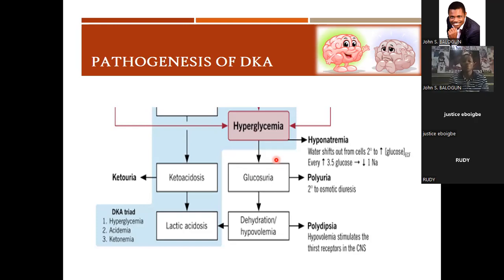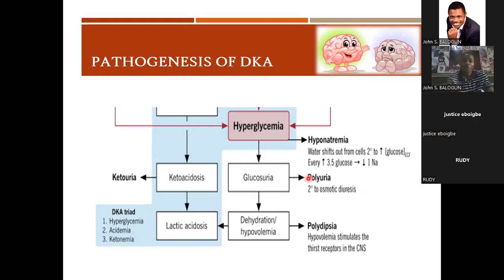And remember, glucose is an osmotically active agent. Because of that, glucose draws water with itself, such that as glucose is being lost in urine, a lot of water is also being lost. That is what gives the symptoms of polyuria. So the polyuria here is due to the osmotic diuresis that glucose is causing.